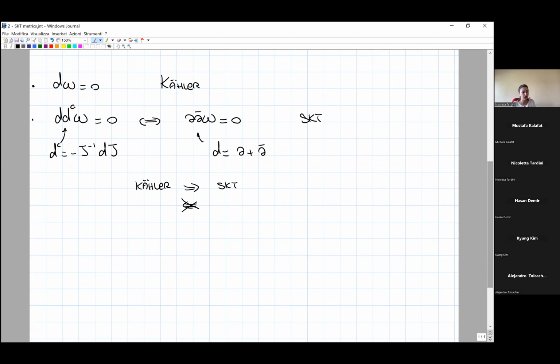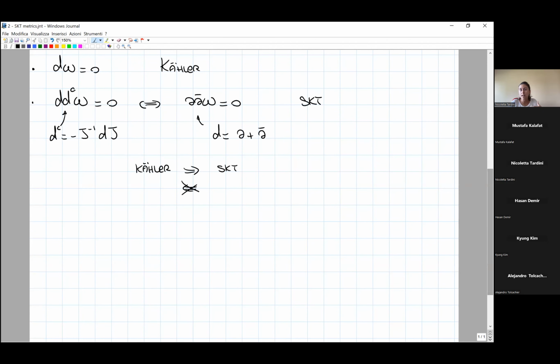We saw a characterization for their existence in terms of currents. And at the end of the lecture yesterday, we saw that we cannot construct new SKT manifolds using deformations of complex structures. So that's what we saw yesterday.